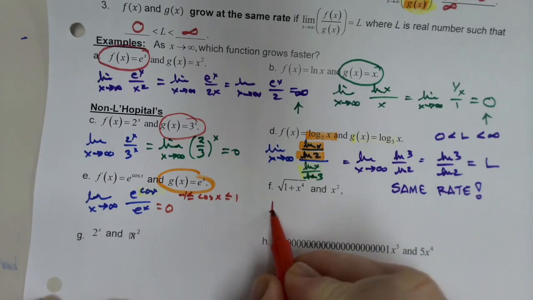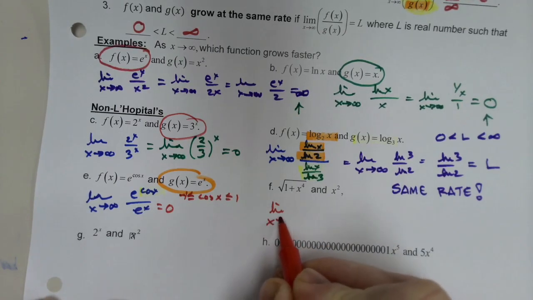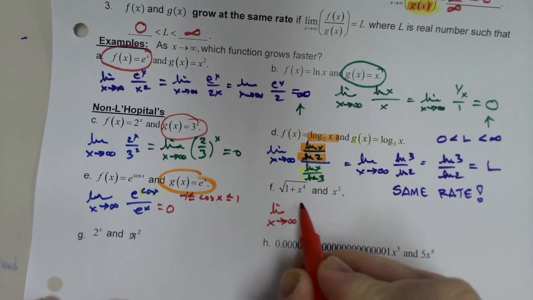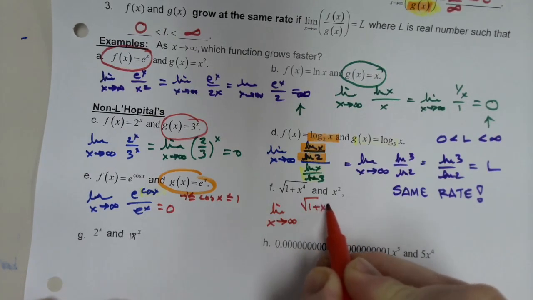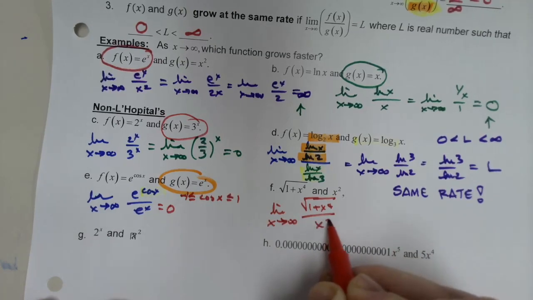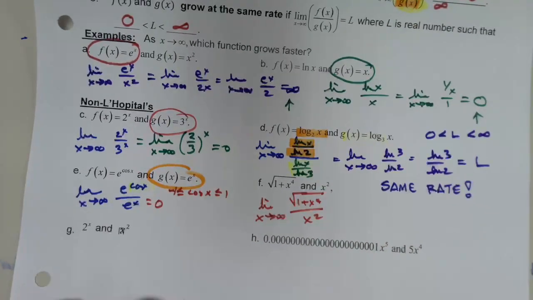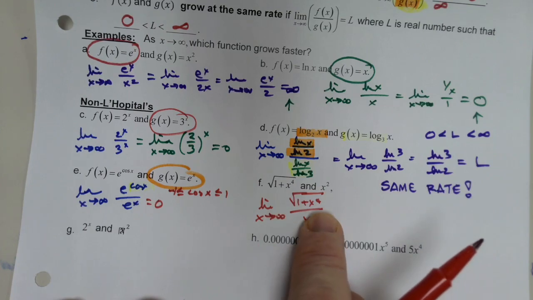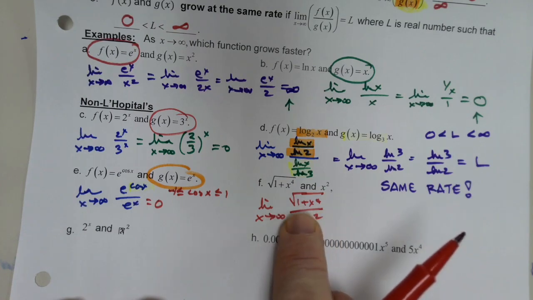In this one, we can think of this as the limit as x goes to infinity of the square root of 1 plus x to the 4th, all divided by x squared. And think about this. As x gets bigger and bigger and bigger, does it matter that you're adding 1 to this?